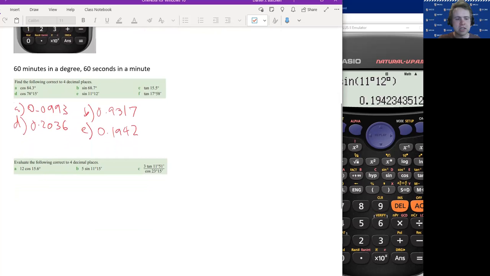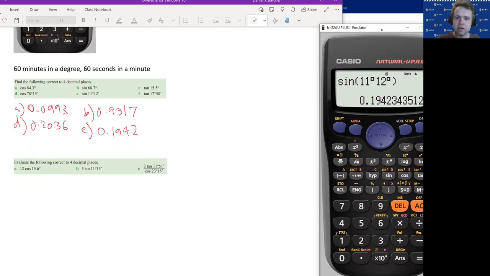Now we can actually do further operations with trig functions. So we can do 12 cos 15.6. What that means is 12 times cos 15.6, just like if you had 12x, you can write the 12 in front without the multiply sign, and it means 12 times. You can write that in your calculator as 12 times cos 15.6.